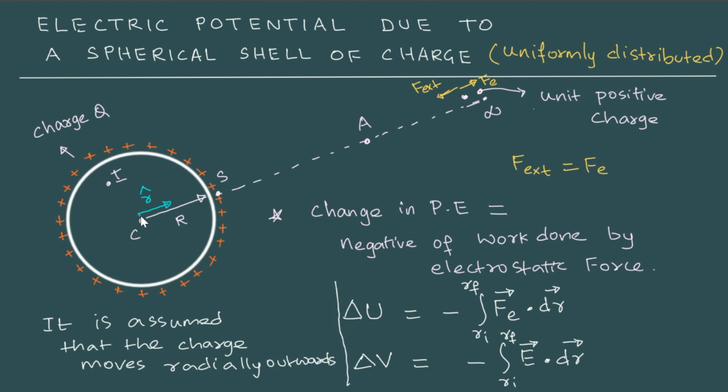We have a unit vector pointing radially outwards from the center, and we assume that the charge which is getting moved has a displacement outwards, away from the center, but the initial and final position vectors will actually tell us in which direction it has actually moved.